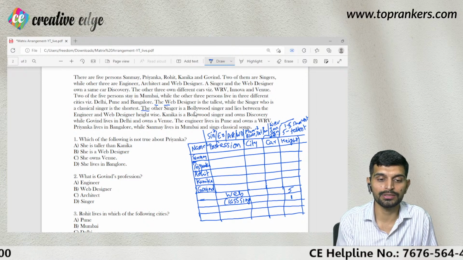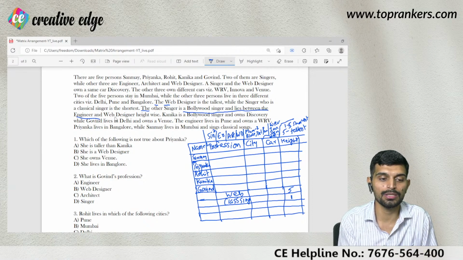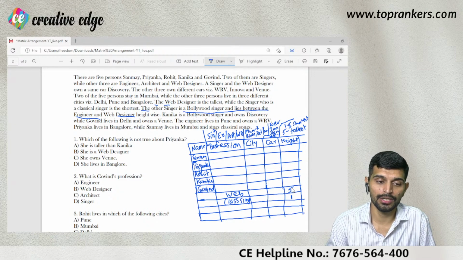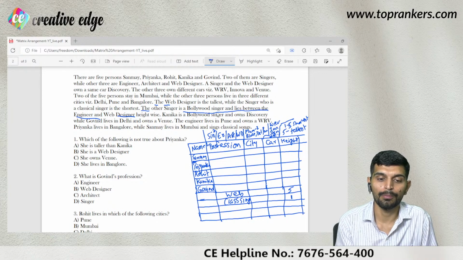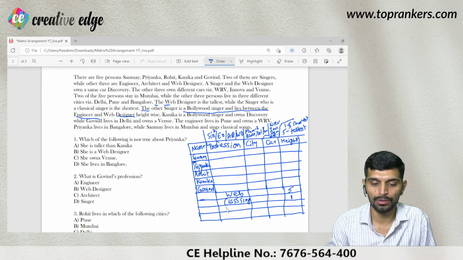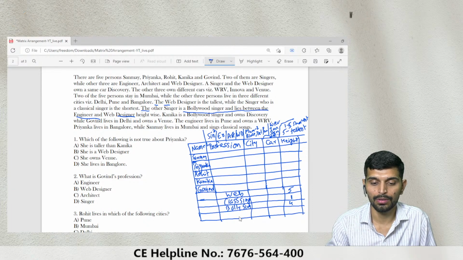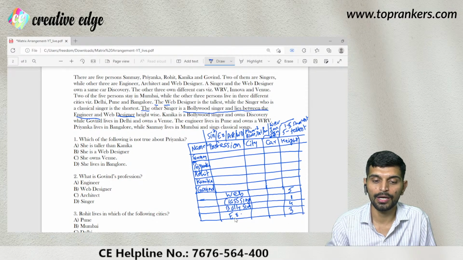The other singer is a Bollywood singer, lies between engineer and web designer. So web designer is 5, engineer must be 3, and this Bollywood singer must be 4. Right. So Bollywood singer is 4, engineer is 3 height wise.